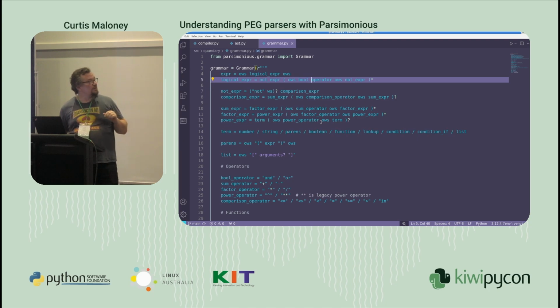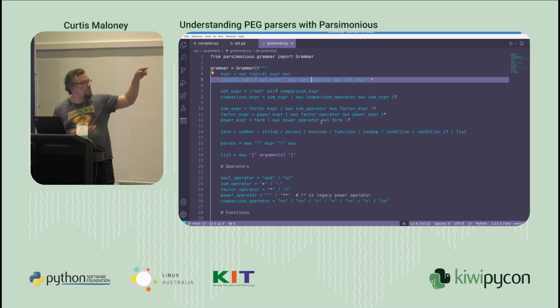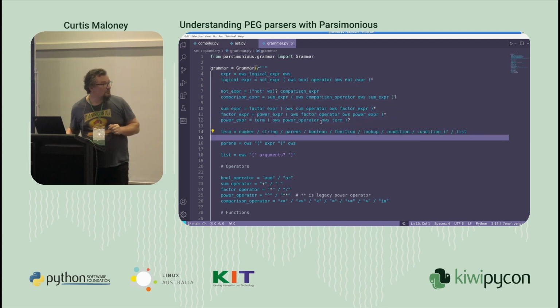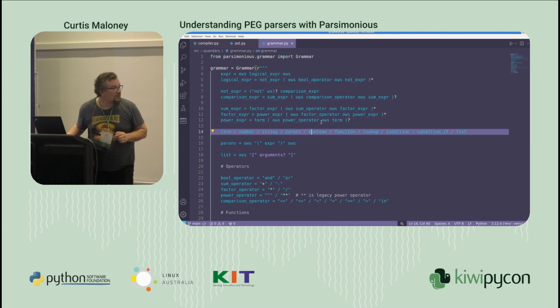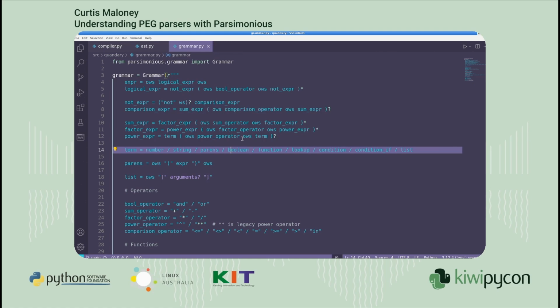another not expression. So this layering allows us to enforce the order of precedence in evaluation of our language. But we'll notice here, our top level is an expression. And then down here in term, everything, so power expression can take in expression, where did it go?